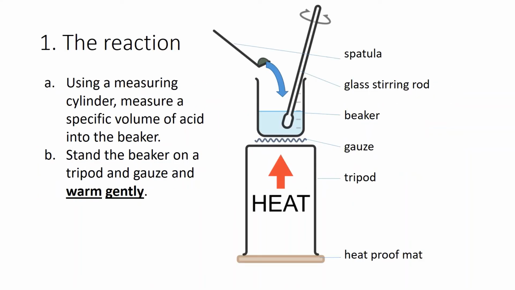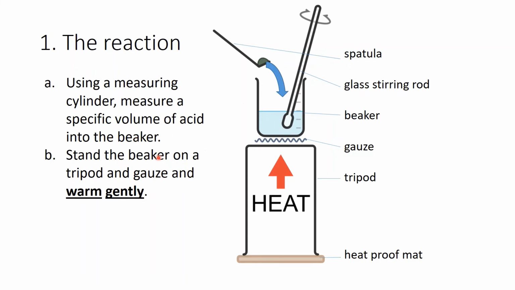Okay, the first stage in terms of the preparation of the salt is to take your metal oxide, your metal carbonate, your base, and add it to a certain volume of acid. So you use a measuring cylinder, you measure a specific volume of acid and you pour it into a beaker.